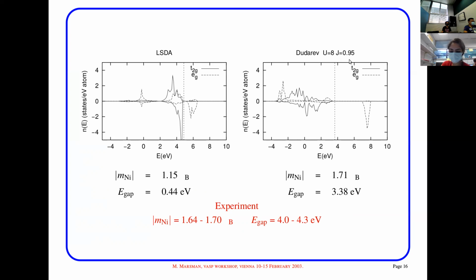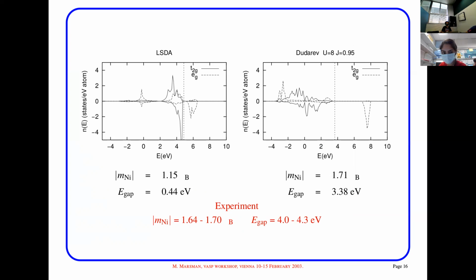And how do you apply the Dudarev approach? The J, you usually keep equal to 1. Here it is 0.95, but usually you keep it equal to 1. And you start tuning the U. So you start with U equal to 1, 2, 3, 4, 5, 6, 7, 8, 9, 10, 11, 12, whatever you want.